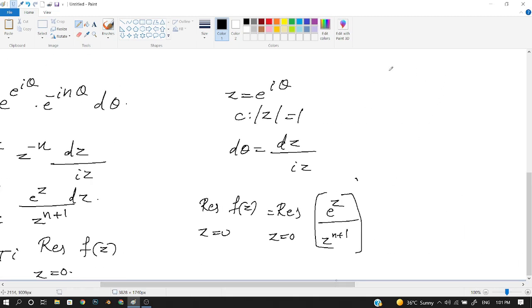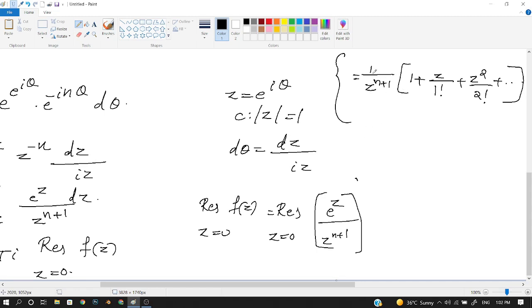For that you can consider the expansion of e raised to z divided by z raised to n plus 1. Now we know this is 1 plus z by 1 factorial plus z square by 2 factorial plus etc. Now you can take this 1 by z raised to n plus 1 inside the bracket. Then you can see that z equal to 0 is a pole of order n plus 1.